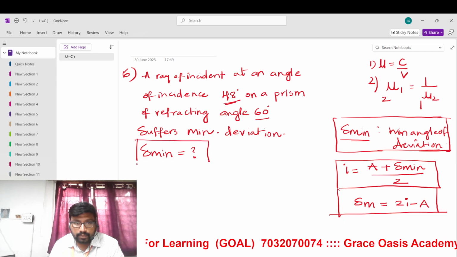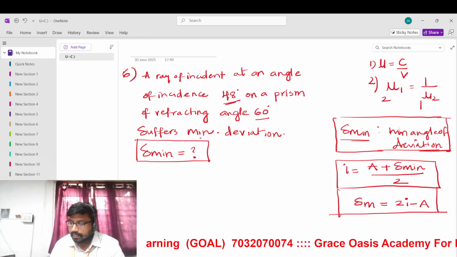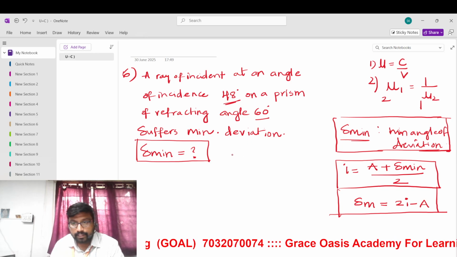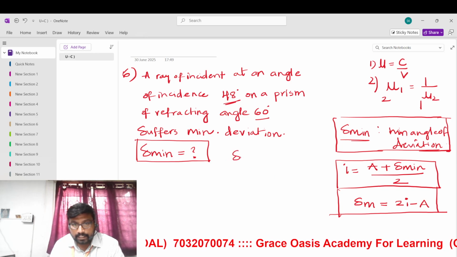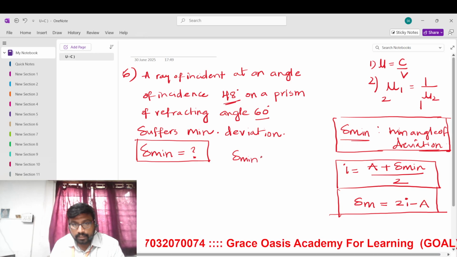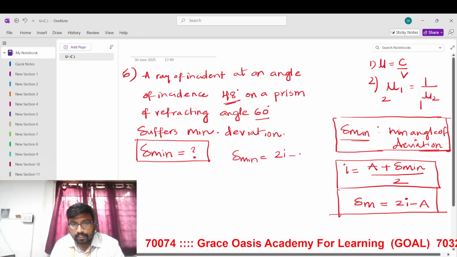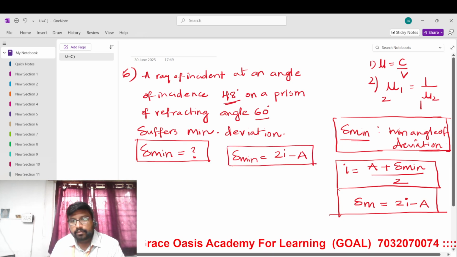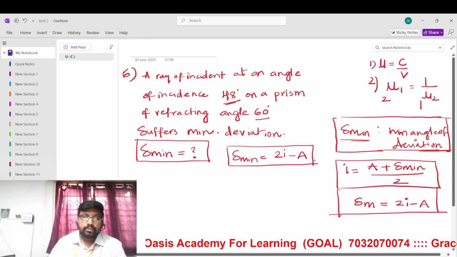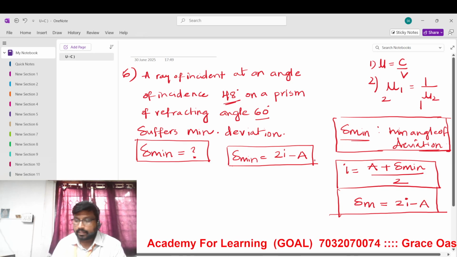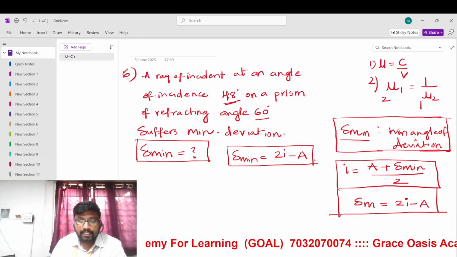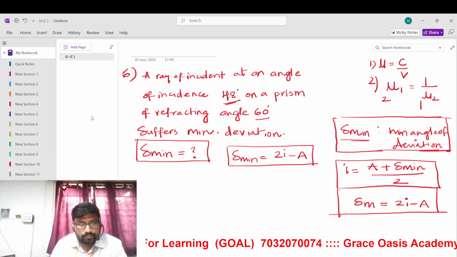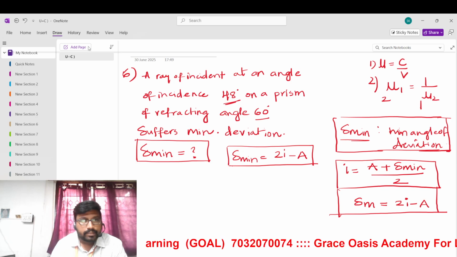So what all do we have? Along with it, a hint is also given. What is the hint? Delta minimum equals 2i minus A. This is going to be the formula. Okay, so what is given? The incident ray is given.